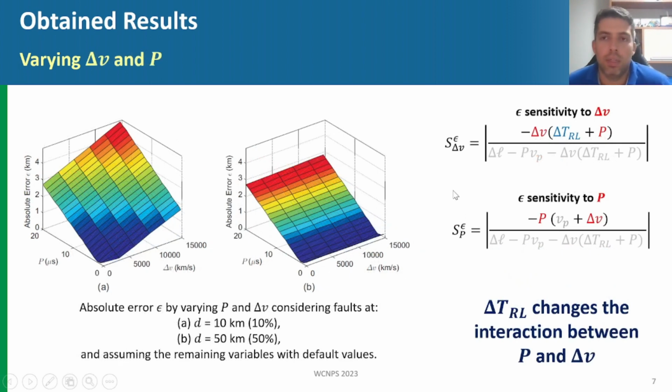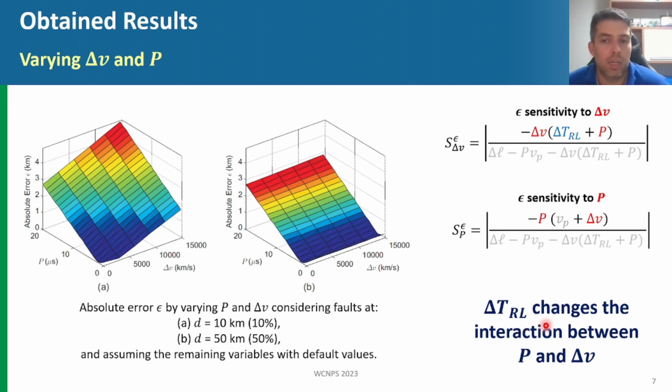And finally, evaluating now the relations between P and delta V, we opted to demonstrate here two cases in which we have a close-in fault and then a fault close to the middle of the line, just to demonstrate that delta V and P interact between themselves, but the fault position, which dictates the value of delta TRL, also enters and interferes in this interaction, so it changes the behavior of the errors, making these surfaces rotate.